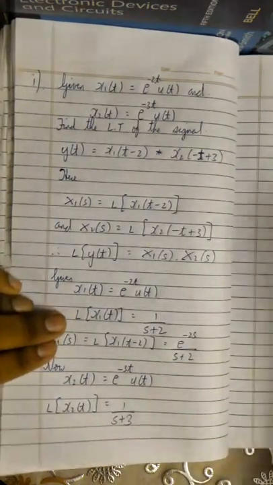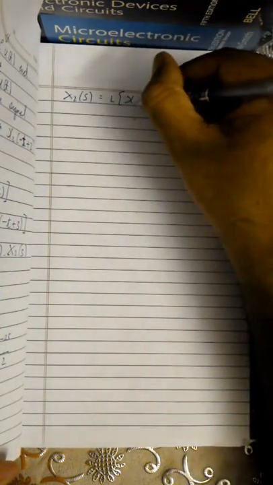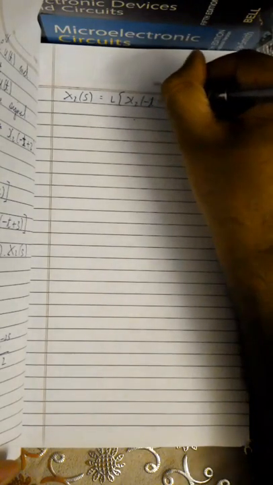So therefore x2 of s, the second Laplace transform, x2 of s is equal to the Laplace transform of x2 of minus t plus 3.